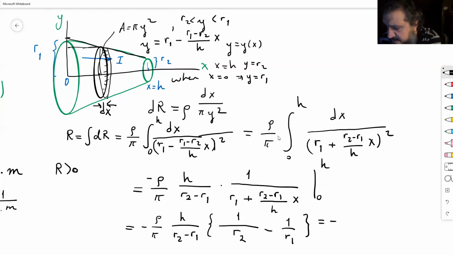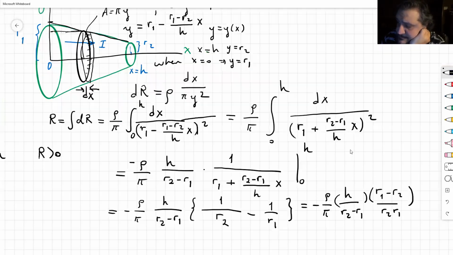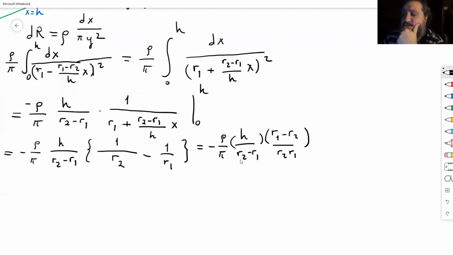Okay, so this will give me negative rho over pi, h over (R2 minus R1), times, okay, what do I have here? (R1 minus R2) divided by R2 times R1. Okay, so denominator R2 minus R1, numerator R1 minus R2. So these two cancel to give me negative 1. That negative cancels the negative in the front.